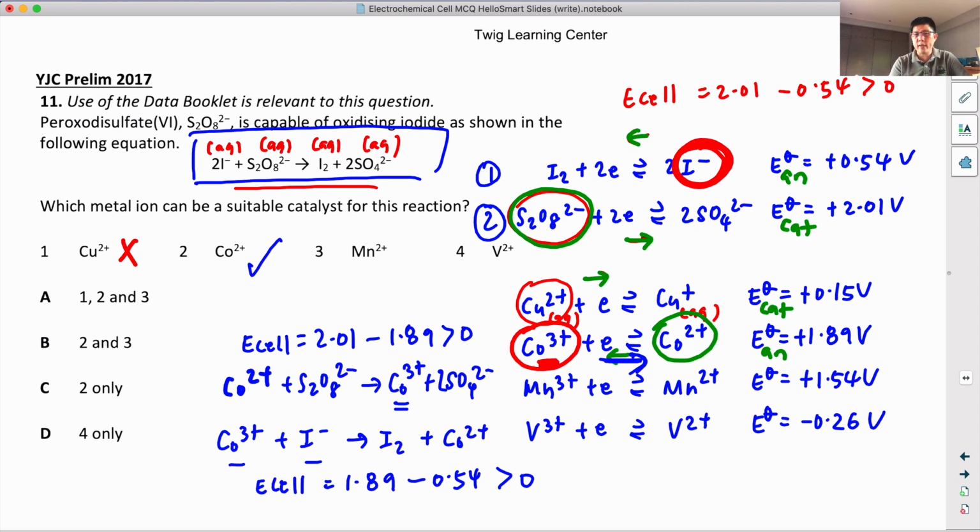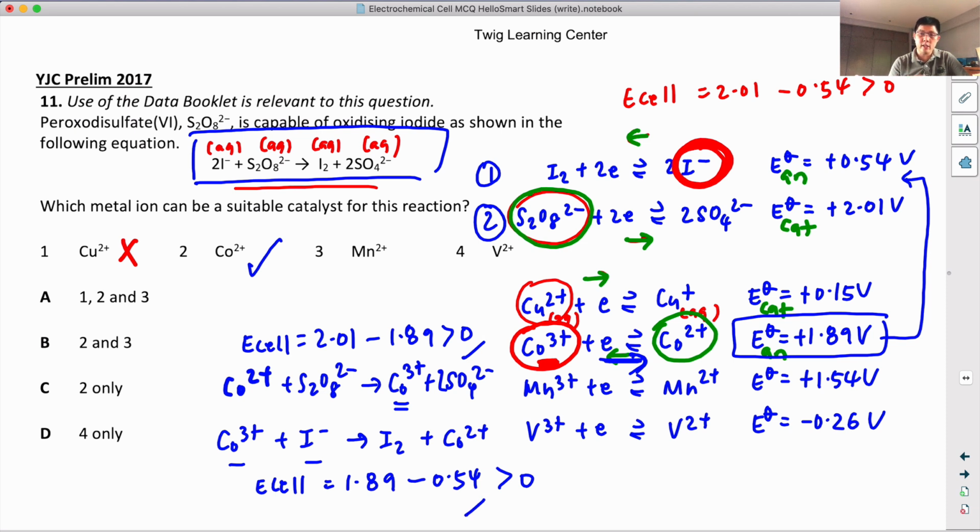And how do you find out whether a catalyst is suitable, whether it can be a homogeneous catalyst? You just have to look out for one whereby the value lies somewhere in between these two values. If it does lie in between, it will definitely function as a catalyst. As you can see, we did the calculation and it showed that it's possible.